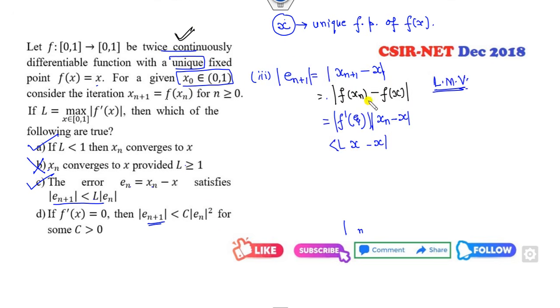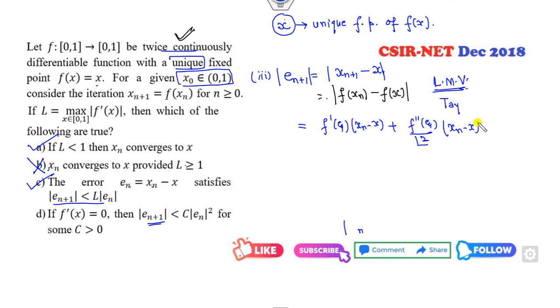Up to this point it is okay. Then because f dash x is 0, the LMV theorem is not applicable. Then we can apply the Taylor series. So it will be f dash xi times xn minus x plus f double dash xi over 2 factorial times xn minus x whole square plus so on.